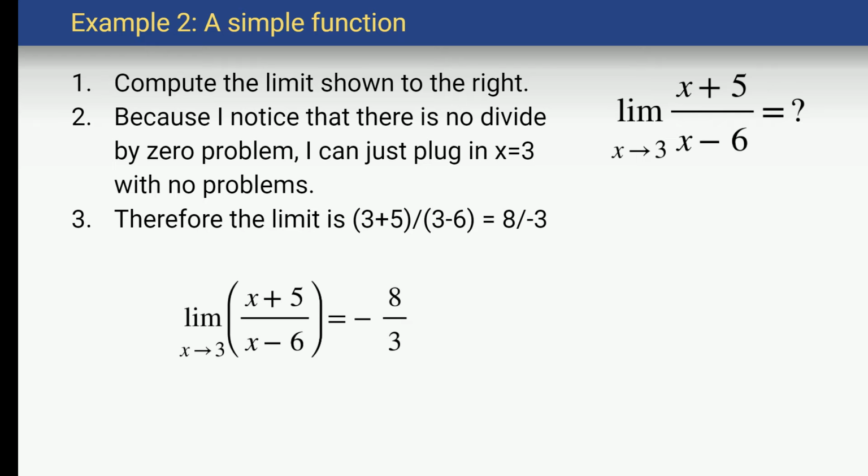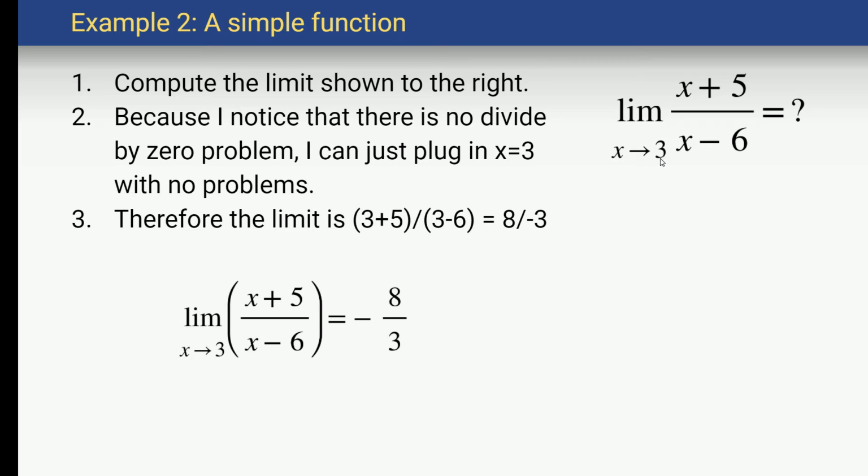But another thing you could do is say, well, wait a second. This function has a divide by 0 at x equals 6. There's a hole at x equals 6 because of the x minus 6. There is no hole at x equals 3. This is a limit as x approaches 3. There's no hole at 3. So actually what you can do here is skip the whole table thing, and just plug the 3 in.